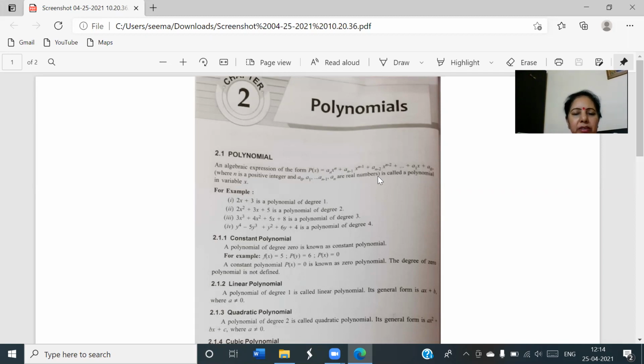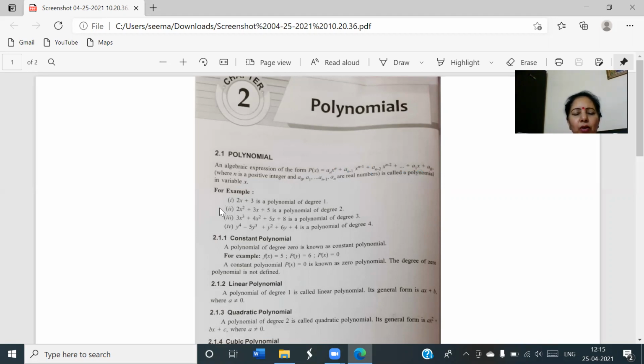We can say they are constants. It is called a polynomial in variable x because x is a variable in all the terms, and a_1, a_2 and so on are constants or real numbers.